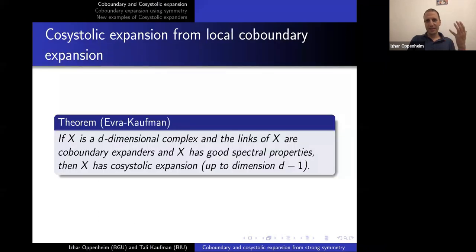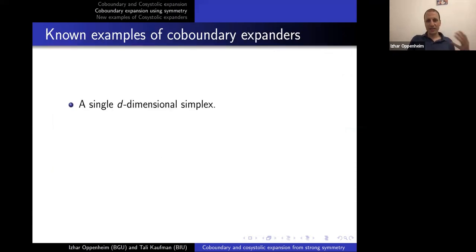But it seems that we didn't get very far, because we still need to know that the links are coboundary expanders, which is again a challenge. So what are some examples of coboundary expanders? One of the first results is that if you take a single d-dimensional simplex with all its subfaces, then this has good coboundary expansion, but that's just one object.